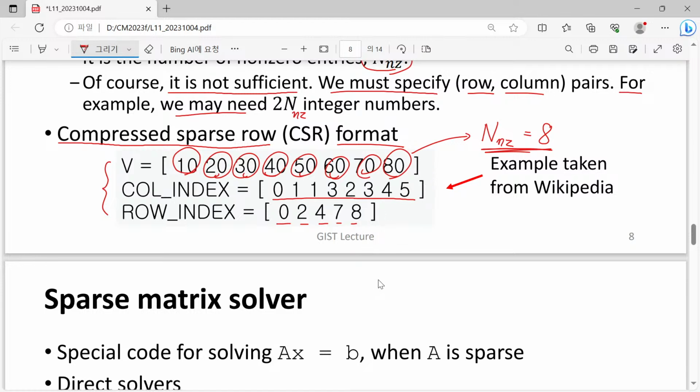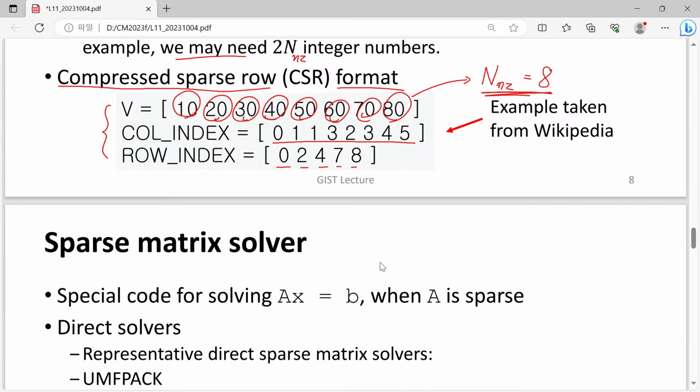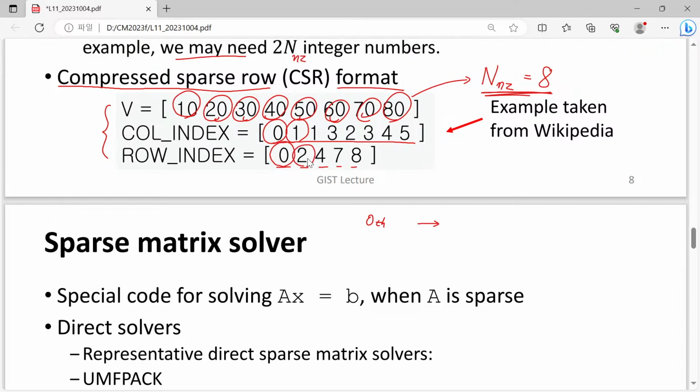Once this kind of description is given, how can we construct our matrix? The rule is quite simple. We start from the zeroth row, and the next row starts at number 2.